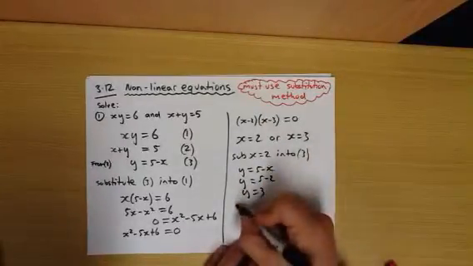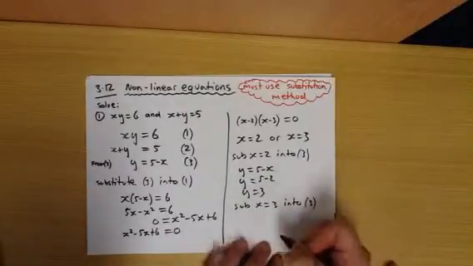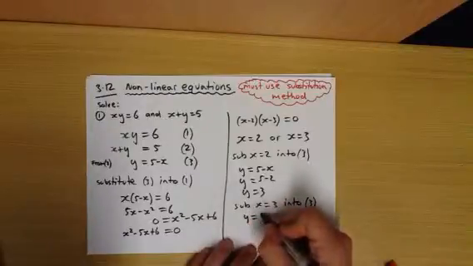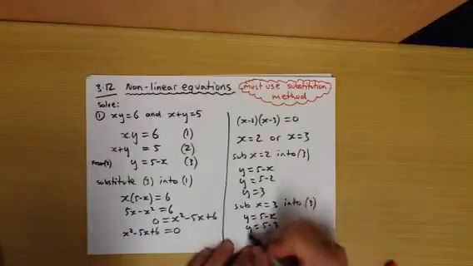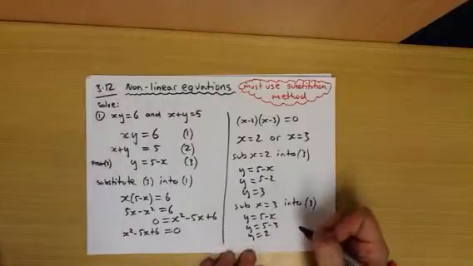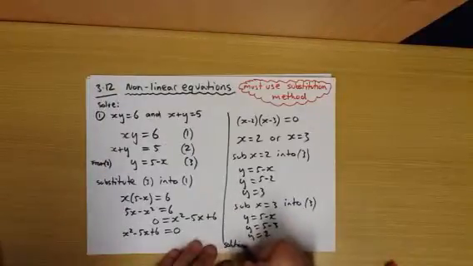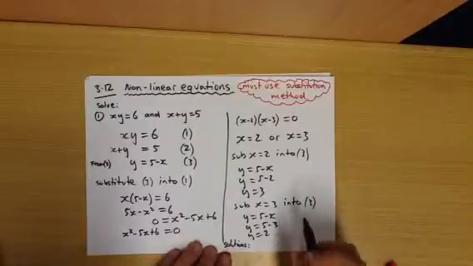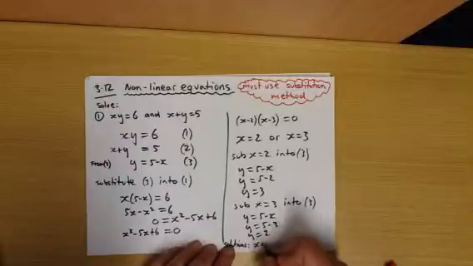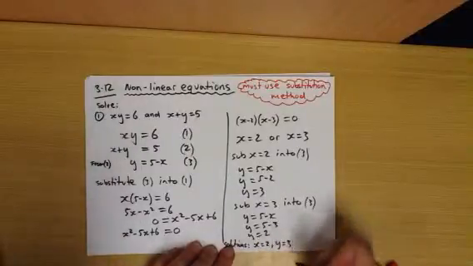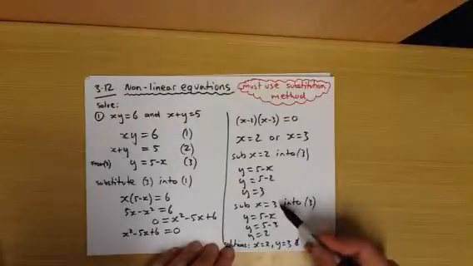And then sub x equals 3 into 3. So y equals 5 minus 3, y equals 2. So here are the solutions. The solutions are x equals 2, y equals 3, and when x equals 3, y equals 2.